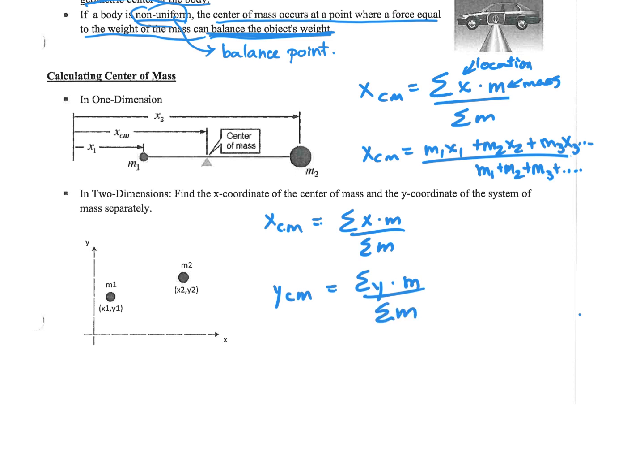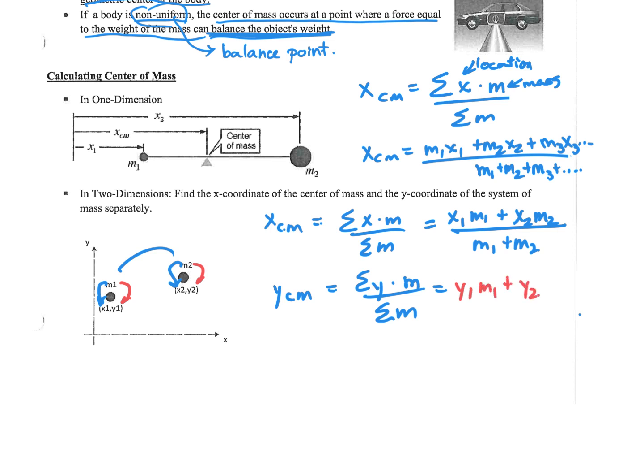Okay? Now, for this particular coordinate plane we have right here, that would be x sub 1 times mass 1 plus x sub 2 times mass 2 divided by mass 1 plus mass 2. In other words, this times its x location, this times its location. And then thus, if we were to do this in terms of the y's, it would be y sub 1 mass 1 plus y sub 2 mass 2, divided by mass 1 plus mass 2. Okay?